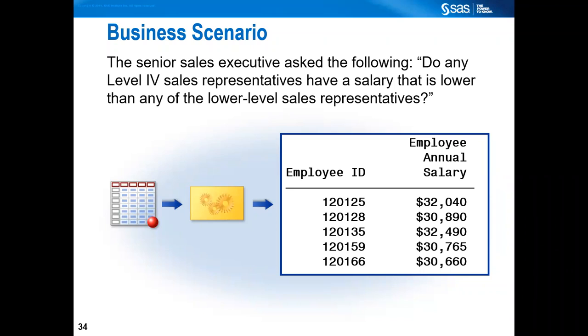Level 4 means a higher level, and one, two, three are lower levels. So you want to find out if there are any employees who have salaries lower than the salaries earned by level 4. This is the result expected from us.